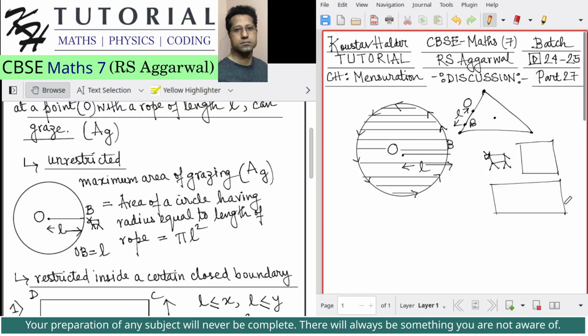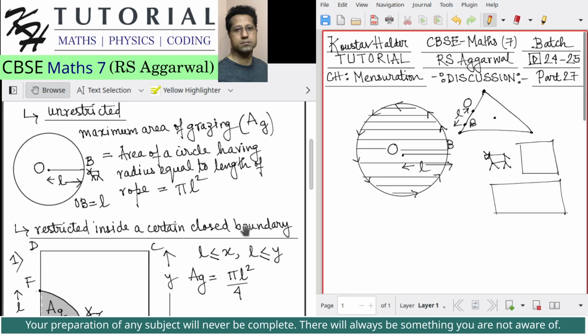So in those cases, the movement of the cow will be restricted, and the maximum area that the animal can graze will not be equal to the area of the circle having radius the length of the rope. So I will consider all those cases separately.